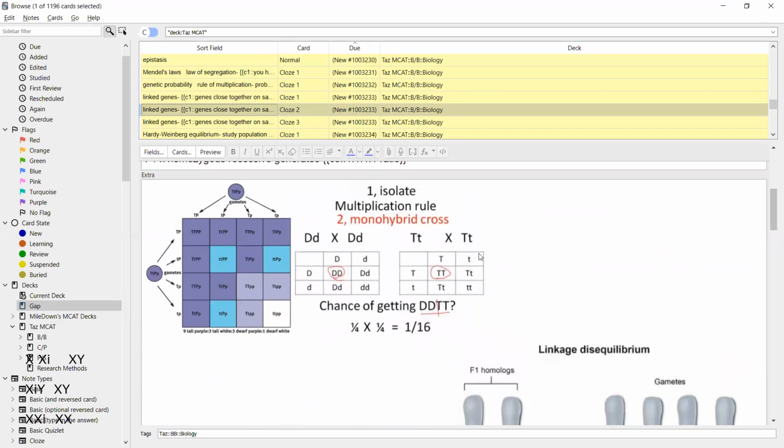I wanted to show you guys that there's a really nice trick where you don't need to do the dihybrid cross. The dihybrid cross is when you do two alleles and you try to compare. But instead, you can simply do one cross at a time and then multiply the chances.